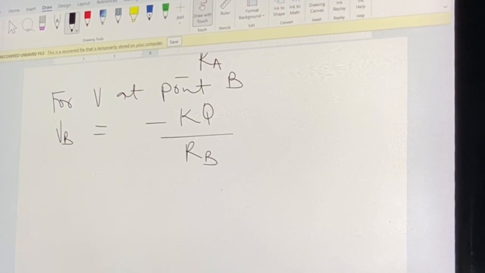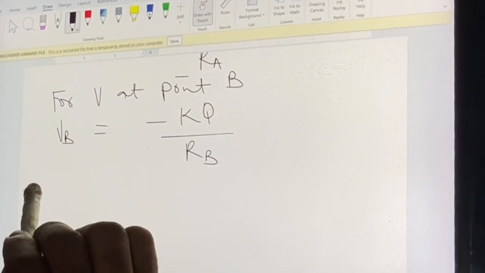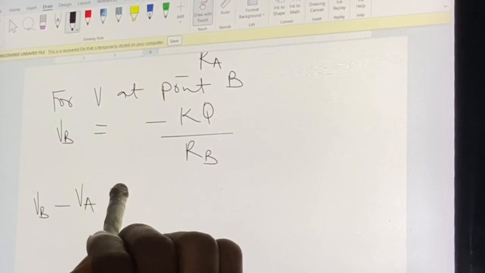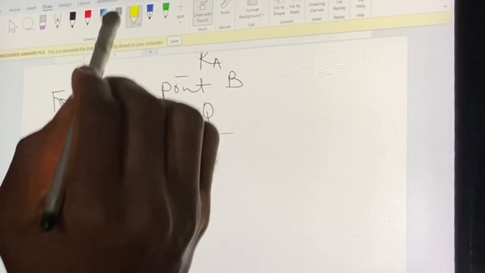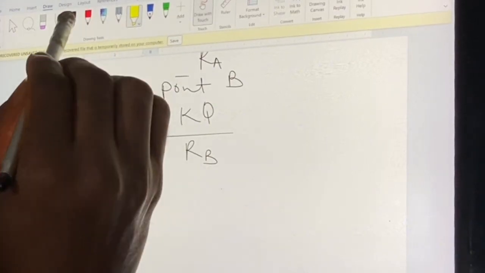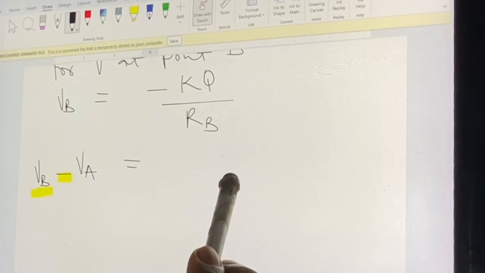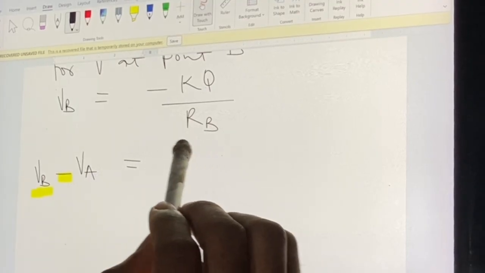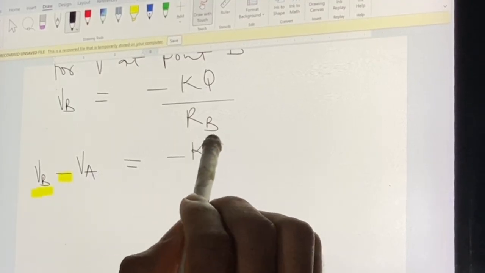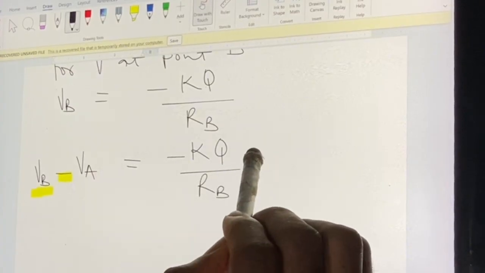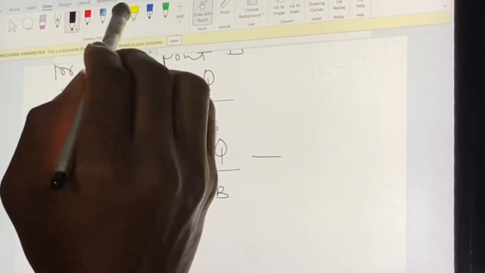Please take note. So the difference here will be VB minus VA, which is equal to, let's replace. We have to replace VB. Our VB is minus KQ over RB minus, that is this minus here.